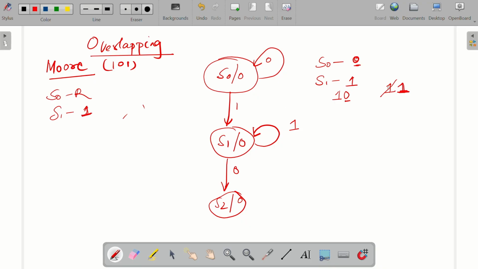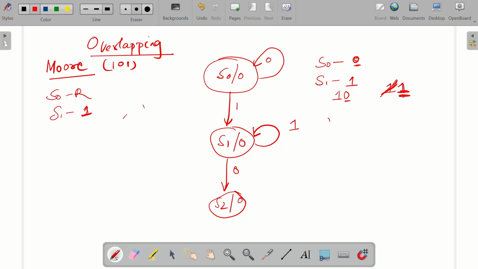If I get the second bit as 1, the earlier one is of no use now, and I have one bit 1 with me. The state at which we have one bit 1 is the S1 state, so we'll remain at S1 and wait for the next valid bit, which is 0, to proceed with the sequence detection.